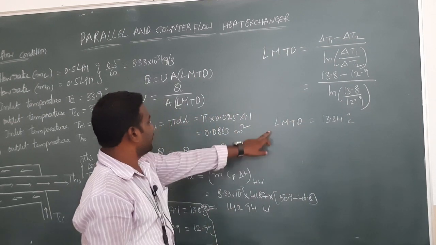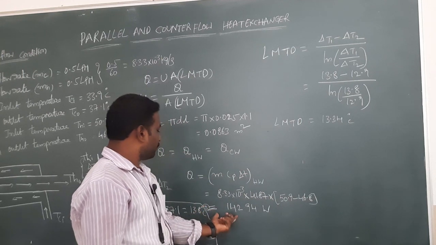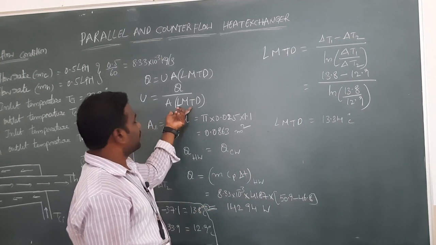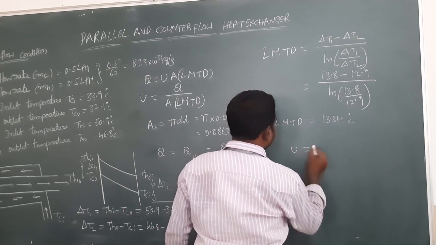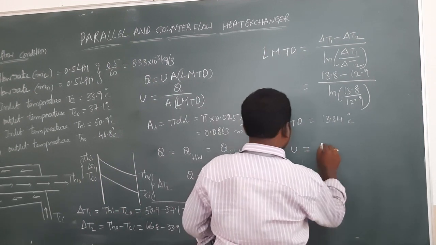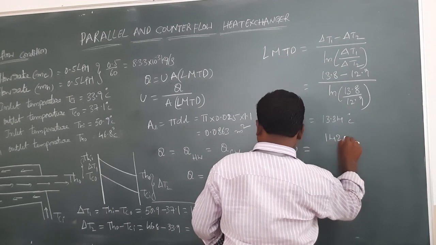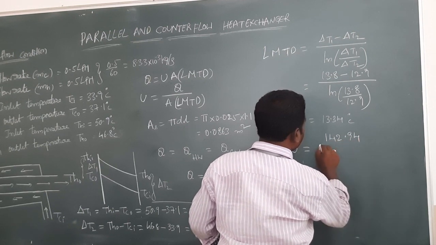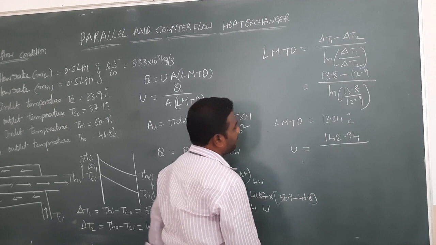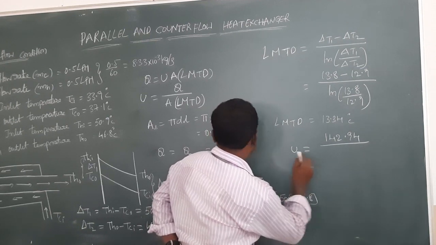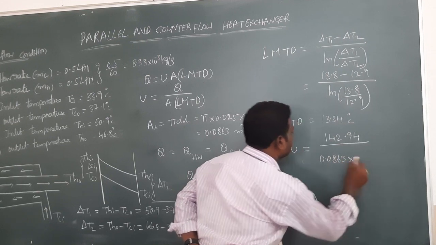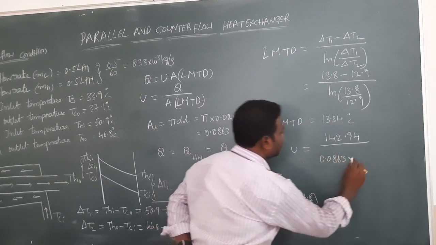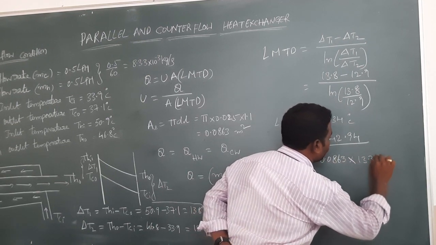Substitute this LMTD, rate of heat flow Q, and area in this equation, and we will get the overall heat transfer coefficient. U equals 142.94 divided by area 0.0863 into the LMTD just calculated, 13.34.